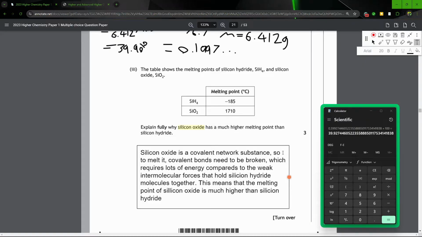Compared to breaking the weaker intermolecular forces that hold the silicon hydride molecules together. So I'm just making sure this makes perfect sense. And that should do it.